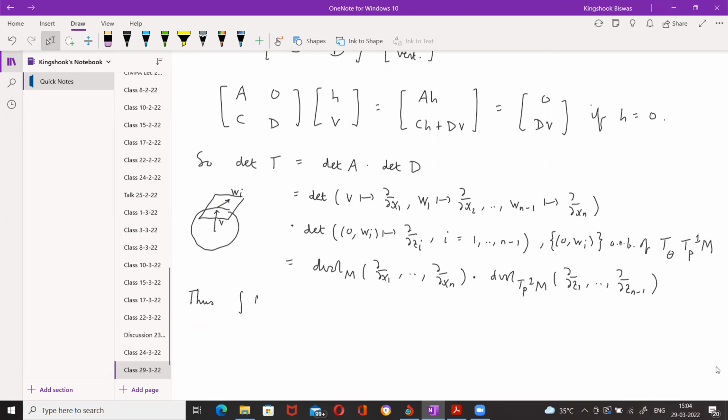Thus the integral of f d vol T1M over U tilde is the same as, now let me write it as an iterated integral over V of the integral over W of f of psi of x, z.